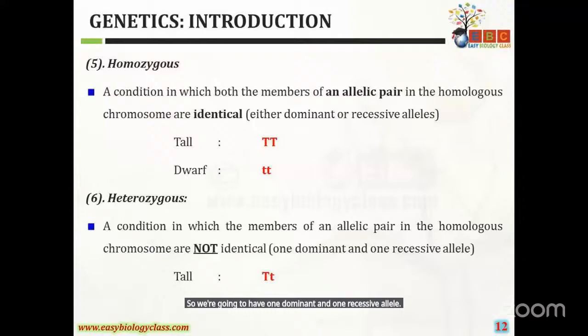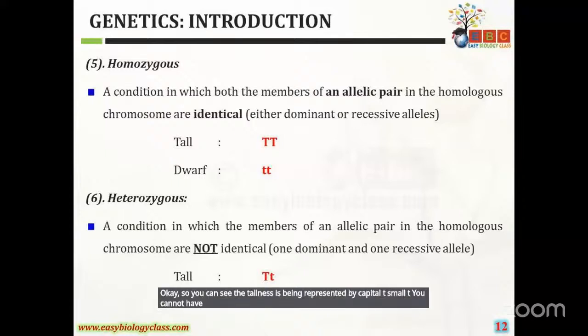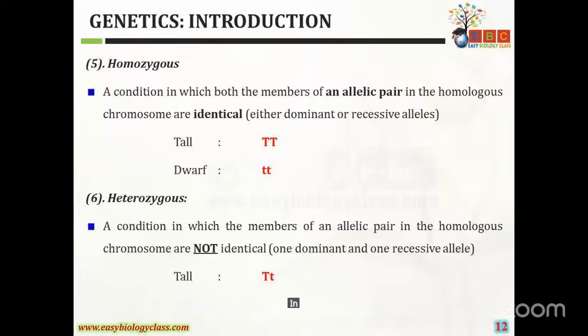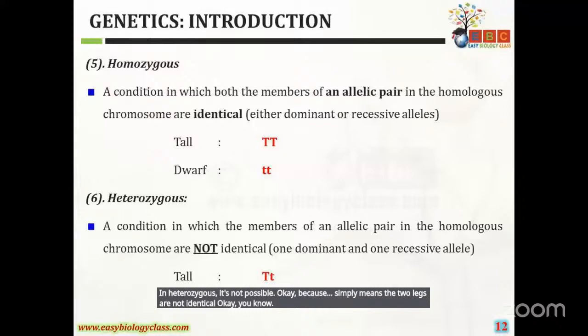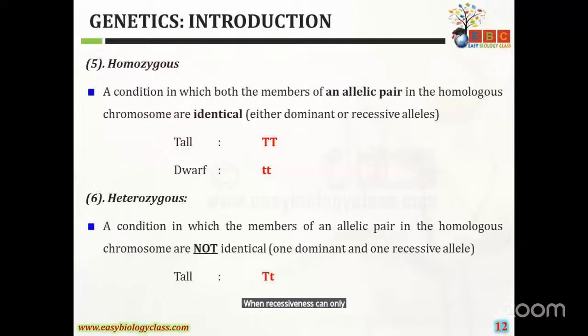Okay, so you can see the tallness is being represented by capital T, small t. You cannot have dwarfness in heterozygous. It's not possible, because heterozygous simply means the two alleles are not identical. So how can you now have heterozygous recessive when recessiveness can only be expressed in the absence of a dominant allele?